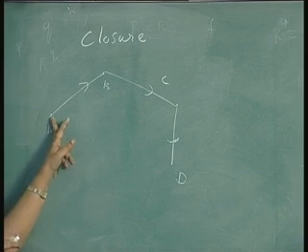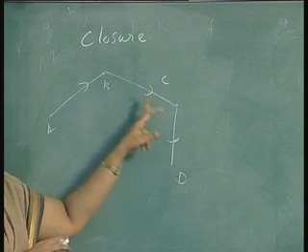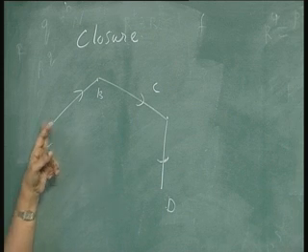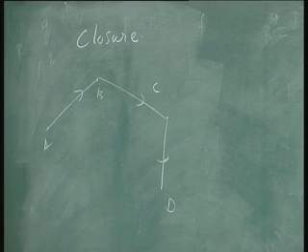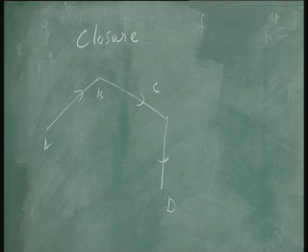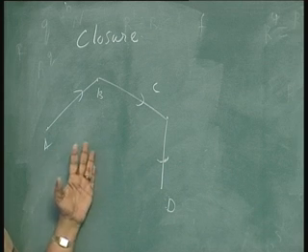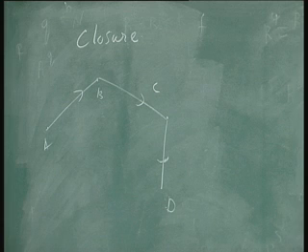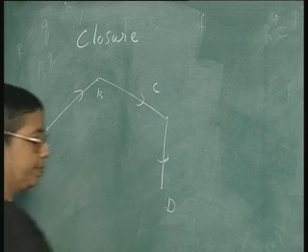There is a direct link between A and B, and also a direct link between B and C. So, I can route a message from A to C. So, I want to find out all the pairs of nodes where from the first node I can route a message to the second node. This in essence will be finding the transitive closure of this relation. Okay. So, let us see what is meant by reflexive closure, symmetric closure and transitive closure.